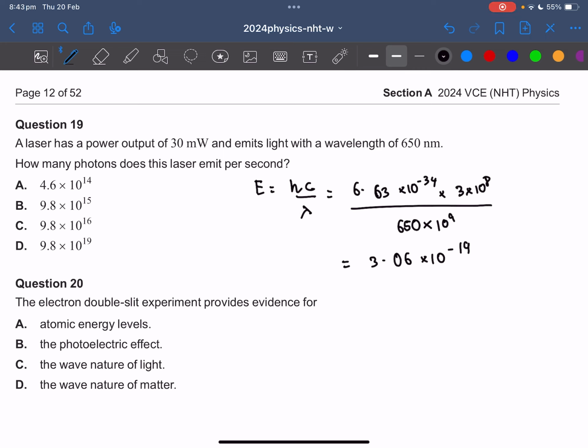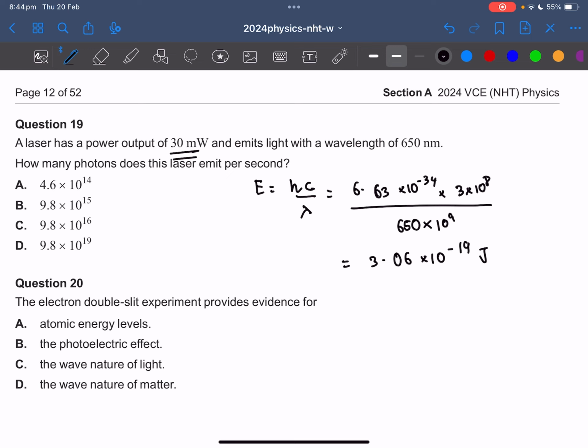Just making sure I've typed it correctly. Yep. Okay, and this is the energy emitted from one photon. So now we have a power output of 30 milliwatts.